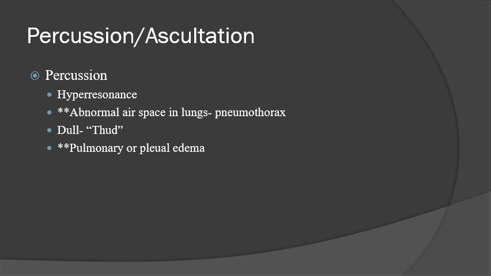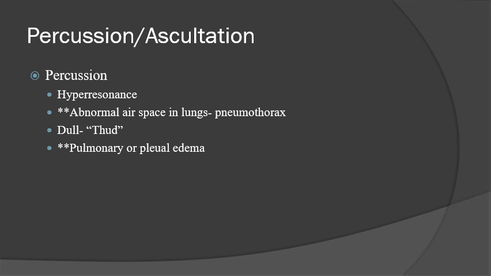I also have the percussion points and auscultation points illustrated in this lecture as well. But what you're essentially listening for are various sounds as one hand strikes over top of your hand that's placed over these various areas.